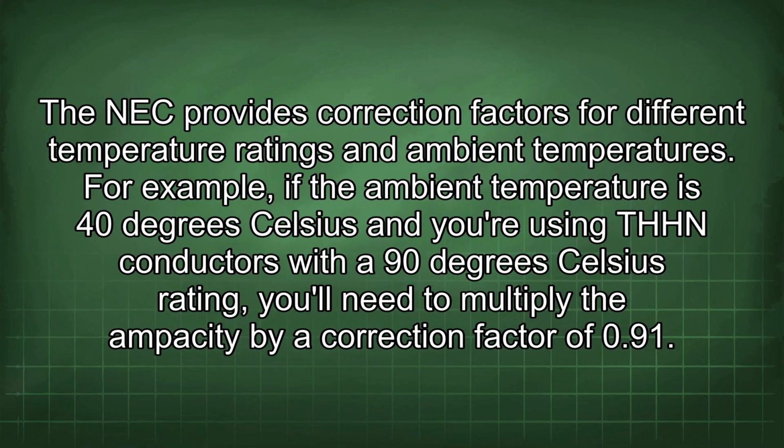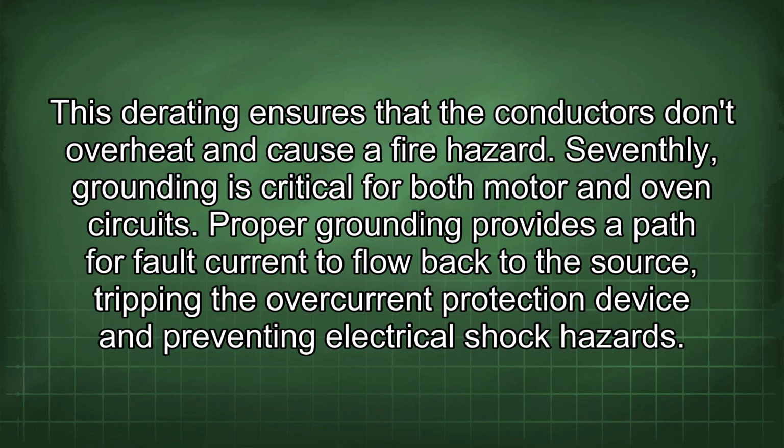The NEC provides correction factors for different temperature ratings and ambient temperatures. For example, if the ambient temperature is 40 degrees Celsius and you're using THHN conductors with a 90 degrees Celsius rating, you'll need to multiply the ampacity by a correction factor of 0.91. This ensures that the conductors don't overheat and cause a fire hazard.